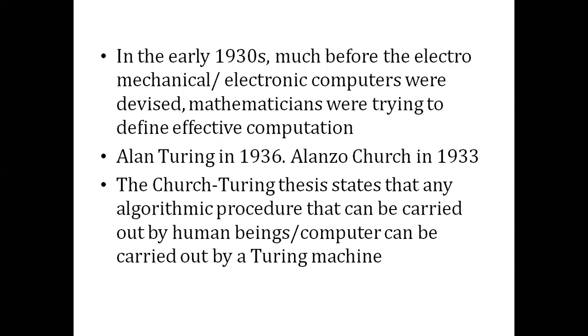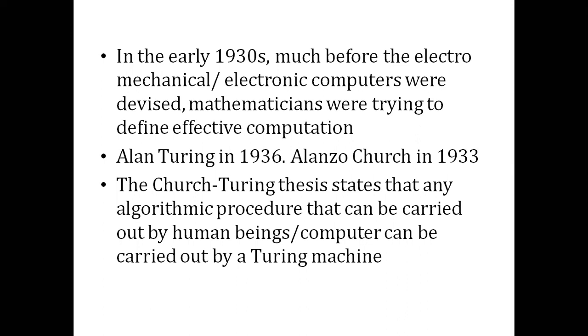So at that time they didn't know the power of computing, but still they were trying to find out the boundaries of these computing devices, and hence they were trying to group the problems under the category of, okay, these are the problems which can be computed or solved with the help of these computational devices.